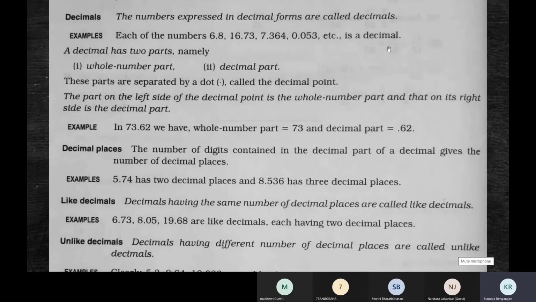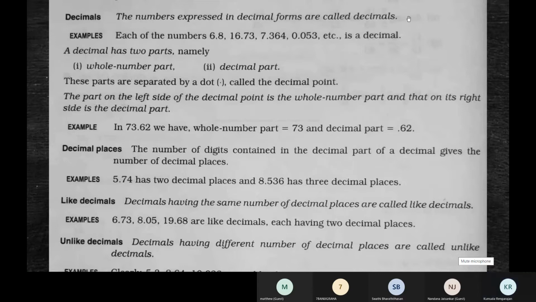Numbers like 5 by 8 and 1 by 2 are called fractions. Similarly, numbers that are expressed in decimal forms are called decimals.